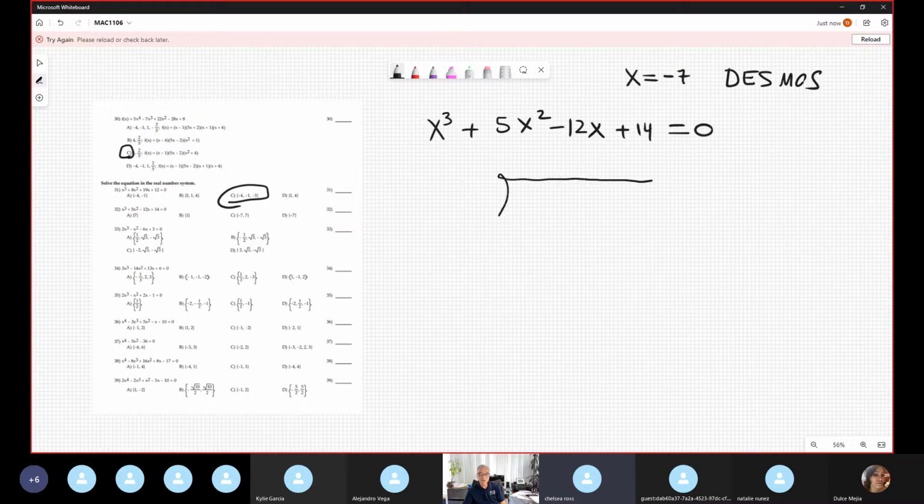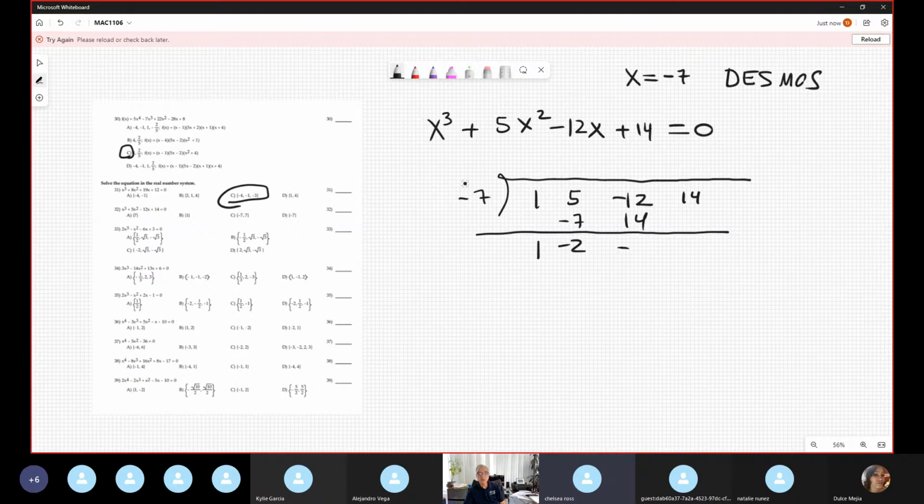You are doing synthetic division. 5 and 14, you divide by negative 7. And let's see what happens. Bring down 1, multiplication of negative 7 and 1 is negative 7, plus 5 is negative 2. And negative 2 times negative 7 is positive 14, minus 12 is positive 2.